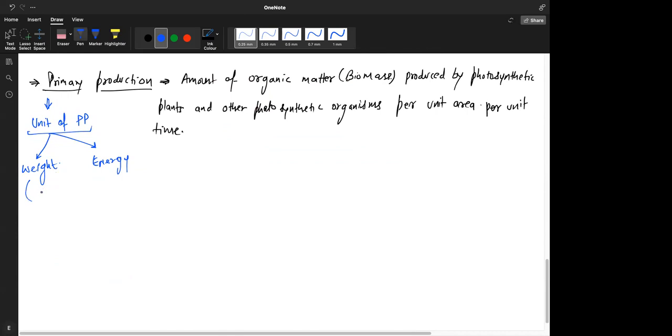If the primary production is in terms of weight, then I will be talking about gram or kilogram per meter square, right? Yes or no? So it can be kilogram per meter square or gram per meter square, anything, but weight per area, if the primary production is weight.